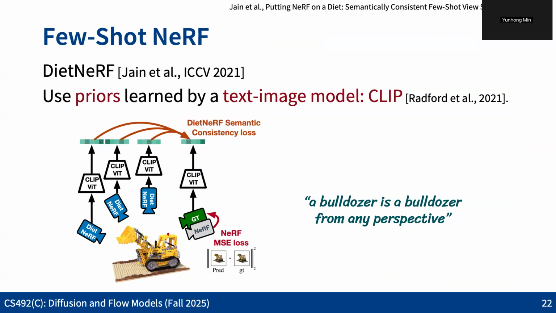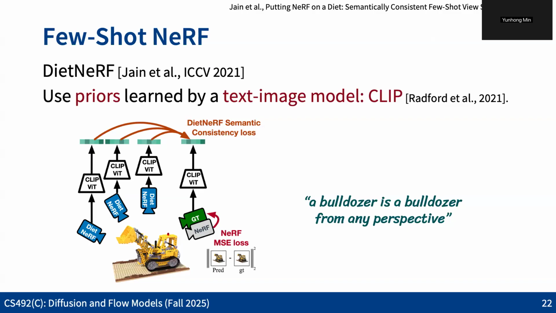But let's say we only have 5 images or 3 images. The thing is that for the bulldozer, from whatever perspective we see the object, it will be a bulldozer, right? Consistently a bulldozer from any perspective.